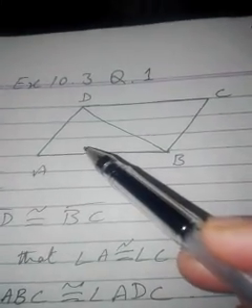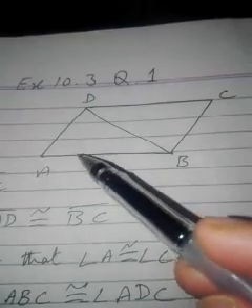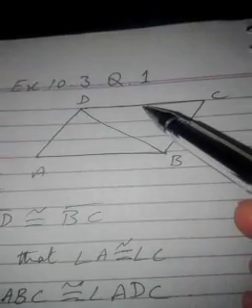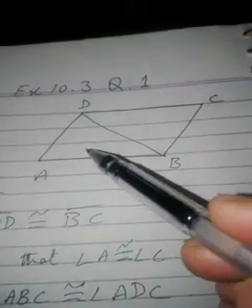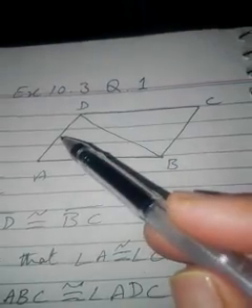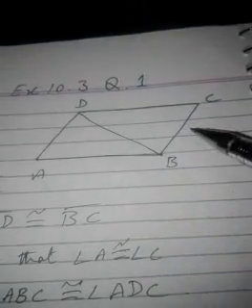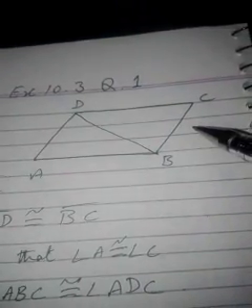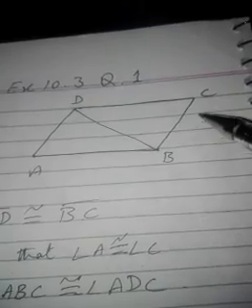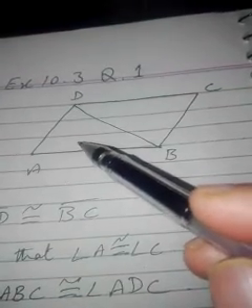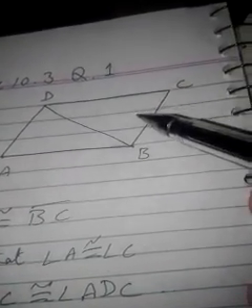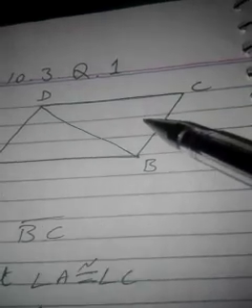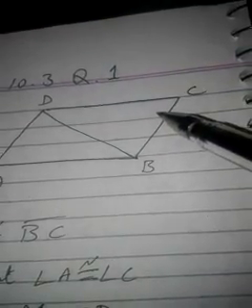Students, consider the correspondence of these two triangles. In triangle ABD, the side AB is congruent to side DC in the other triangle. The side AD, its corresponding side in this triangle is BC. AD is congruent to BC. Reason: given. In triangle ABD, the side BD is congruent to the side BD in triangle CBD.